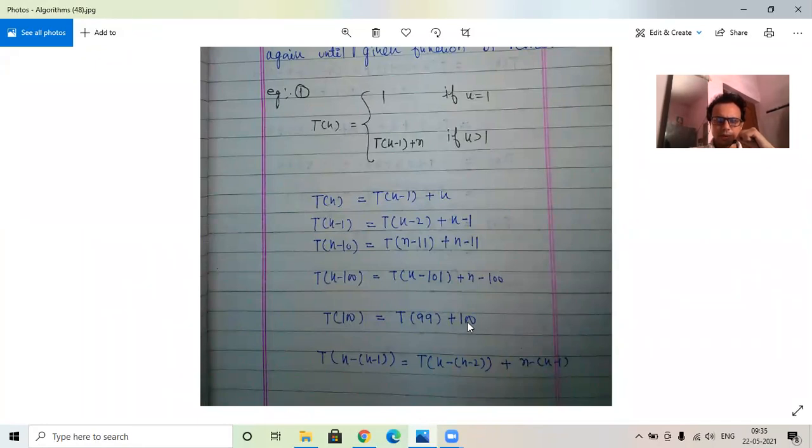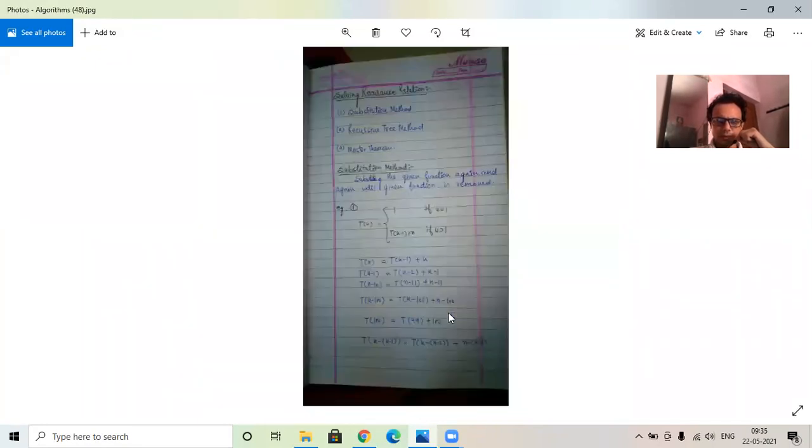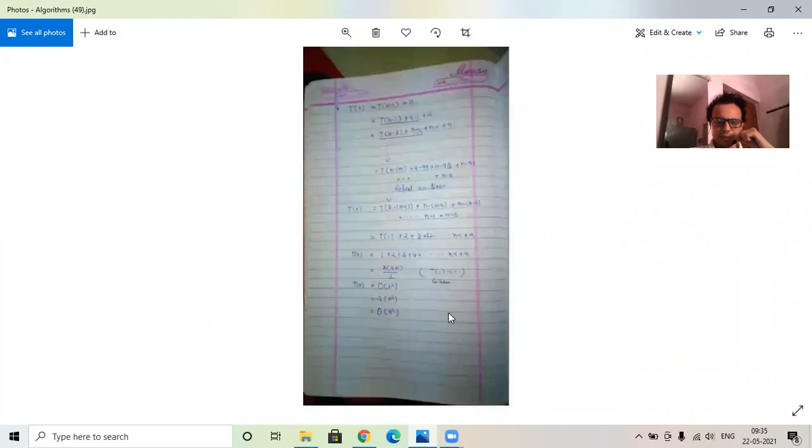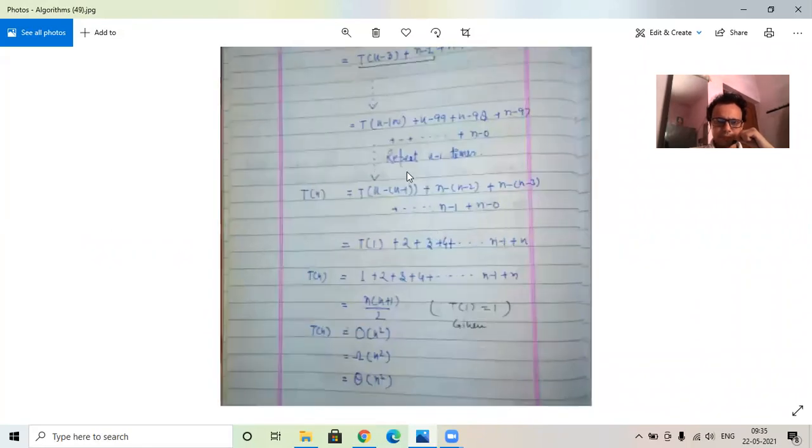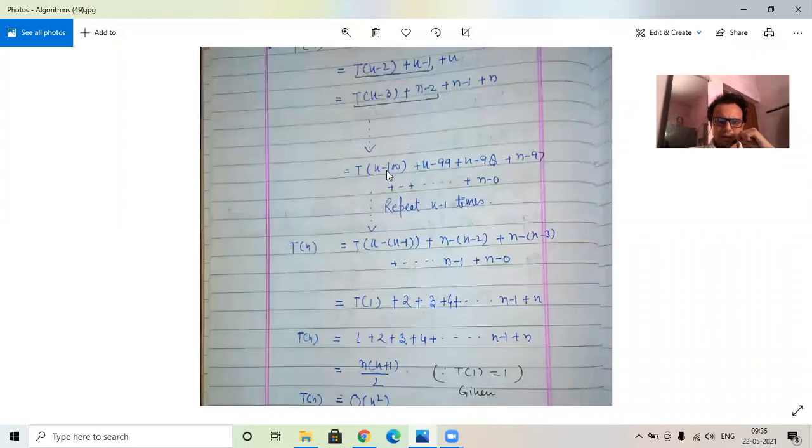In this form it is coming. Here it is written T(n-100) plus n-99 plus so on. In this way it is written up to some terms. Now I am repeating it up to n-1 times.